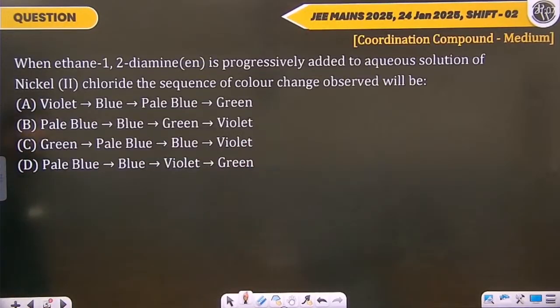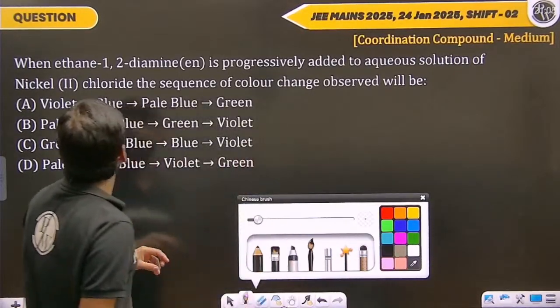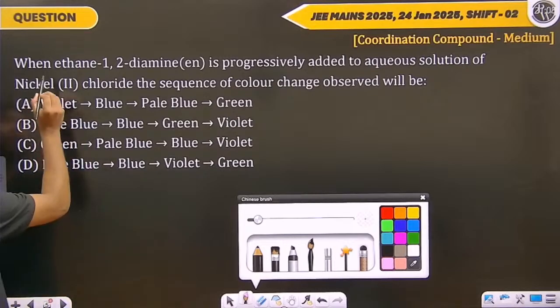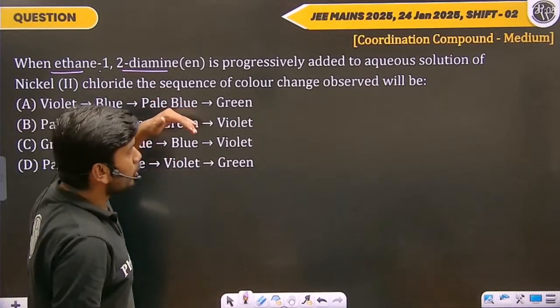Okay, let's think about another question. What if ethane-1,2-diamine is progressively added to an aqueous solution of nickel? The oxidation number of nickel is 2 plus.